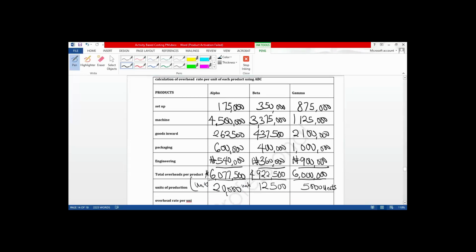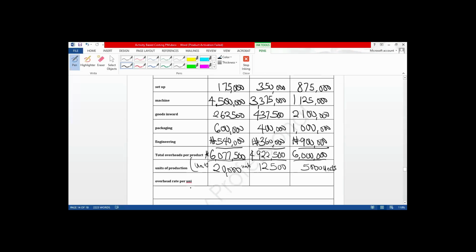You can now get overhead rate per unit or overhead cost per unit. You are going to divide the total 6 million 077,500 divided by 20,000 units. 303 naira 88 kobo, approximately.